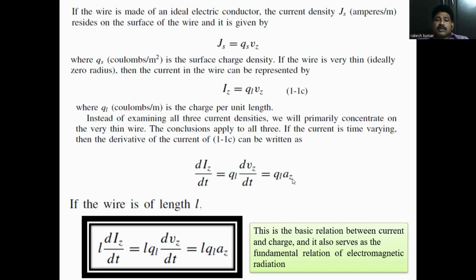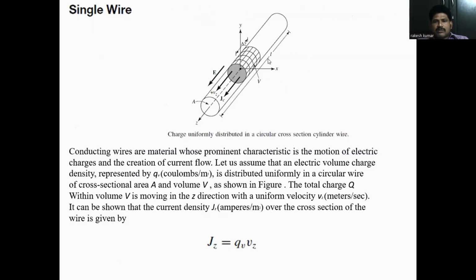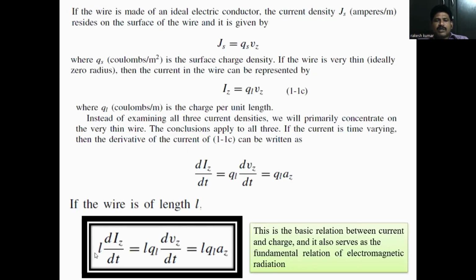Az represents the acceleration, and Ql is the charge per unit length. If the wire is of length L, then if you simply multiply by L, you get L dIz/dt equals L Ql dVz/dt, and this dVz/dt can be replaced with acceleration.